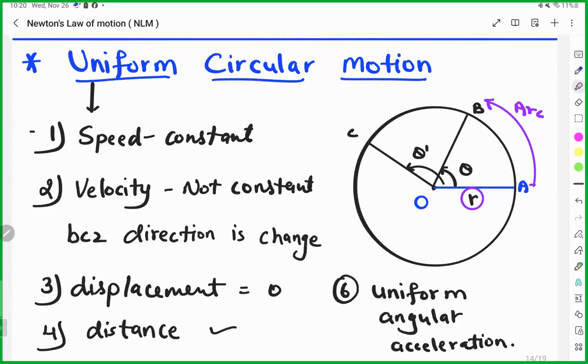Anvita, what should we measure so we get to know how much the person is moving in the circle, how much you have moved from the initial position?